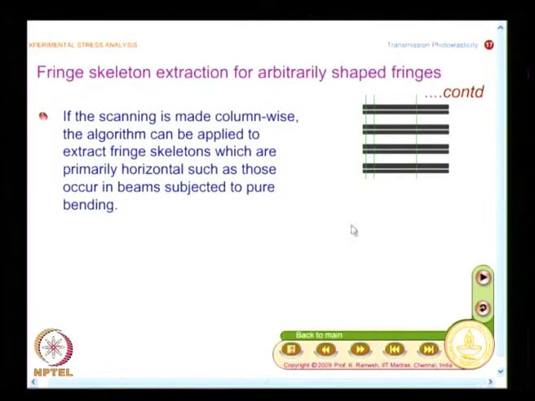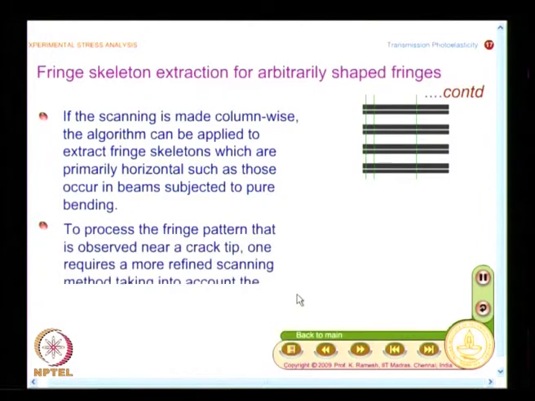And in one of the earlier classes we have already seen in stress concentration, we have compared the fringe pattern in the case of a plate with a hole, plate with an elliptical hole and plate with a crack. And if you look at the fringe pattern in the crack, it has a minimum fringe width as well as maximum fringe width in one fringe order, and a typical shape is like this.